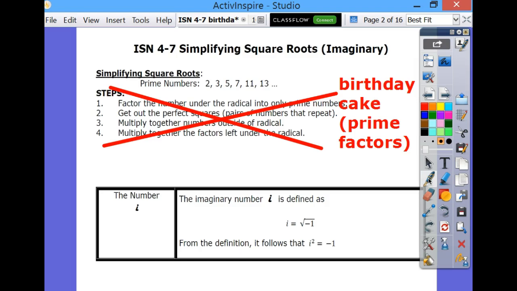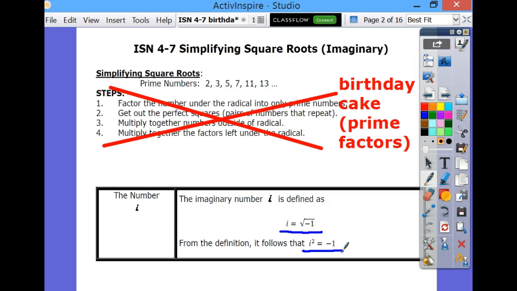And yesterday we had a lesson about this number called i. What is i equal to? i is equal to the square root of -1. That is its definition. Now, what is i squared equal to? -1, without the square root, because if you square it, the square and the square root cancel each other out.